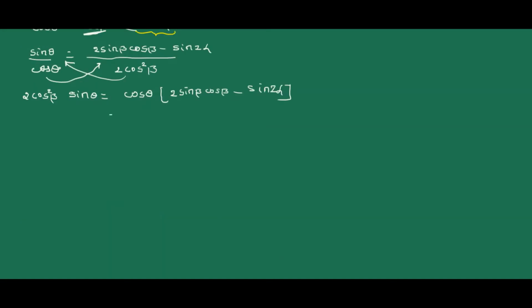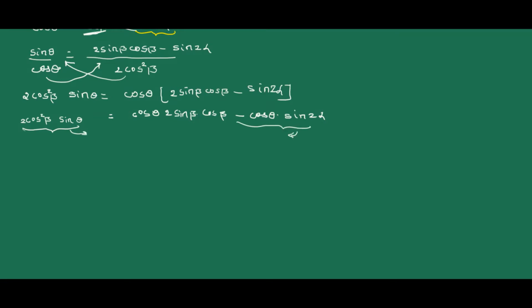Now simplify the right hand side term, that is cos theta into 2 into sin beta into cos beta minus cos theta into sin 2 alpha. Left hand side we have 2 cos square beta into sin theta.